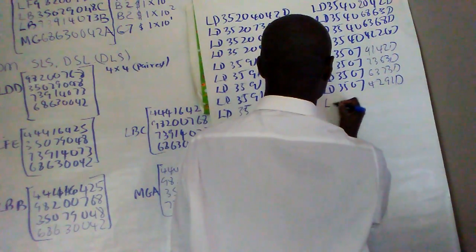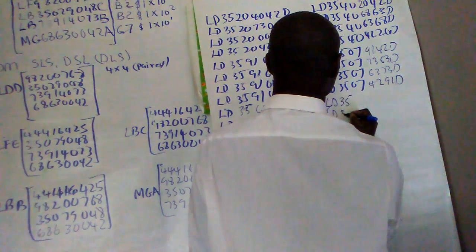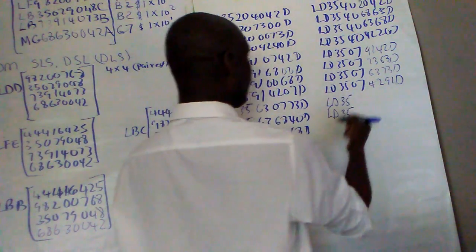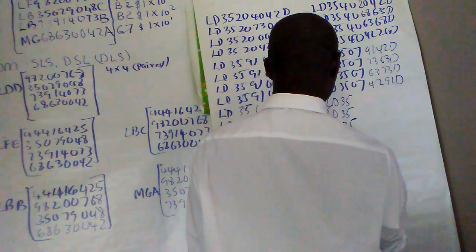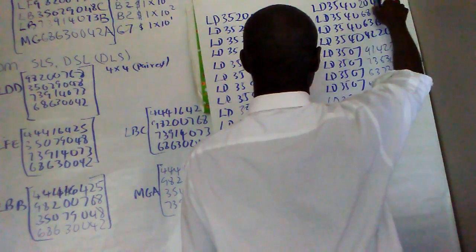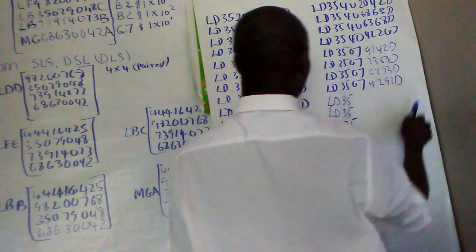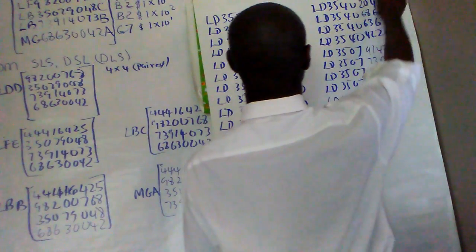So the next one will be now LD 35. And notice my ink is getting dry, so I notice the color. LD 35. No, the other D goes at the end, really, in the economics configuration. LD 35.